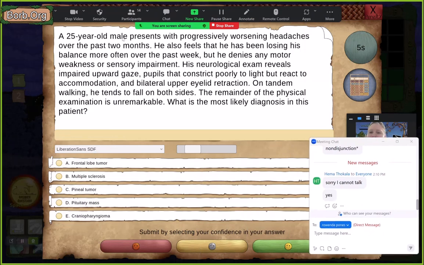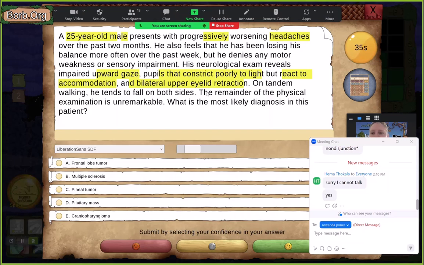So a 25-year-old male presents with progressively worsening headaches over the past 2 months. He also feels that he has been losing his balance more often over the past week, but he denies any motor weakness or sensory impairment. His neurological exam reveals impaired upward gaze, pupils that constrict poorly with light but react to accommodation, and bilateral upper eyelid retraction.